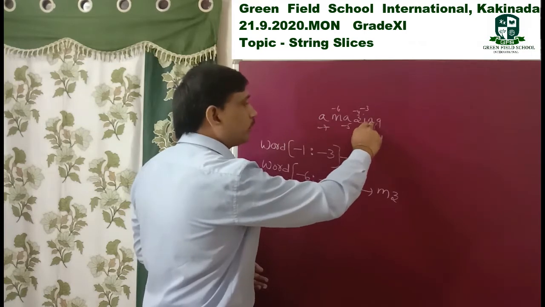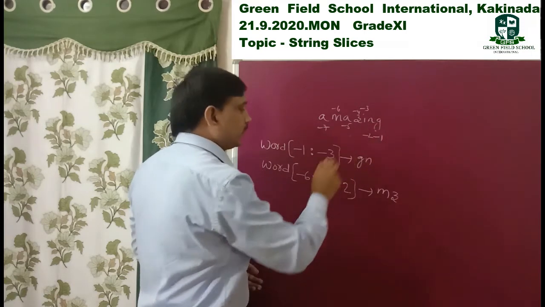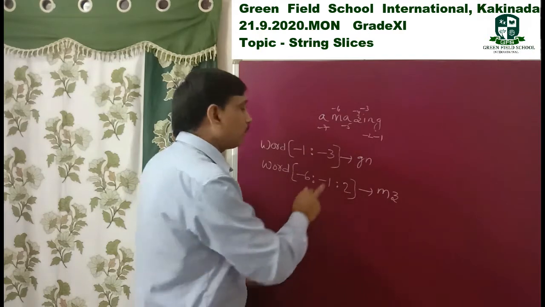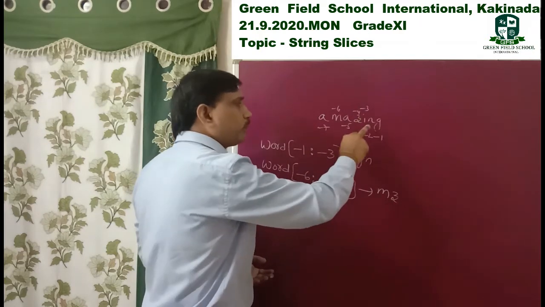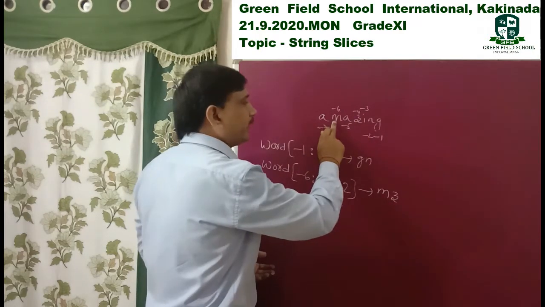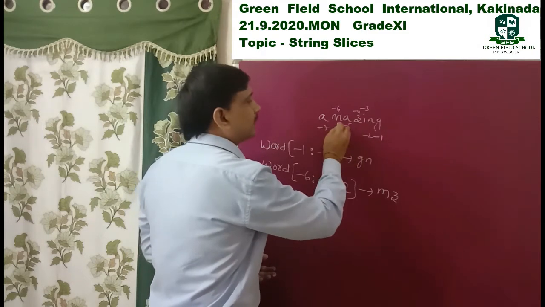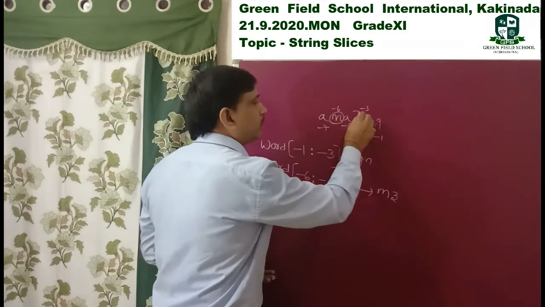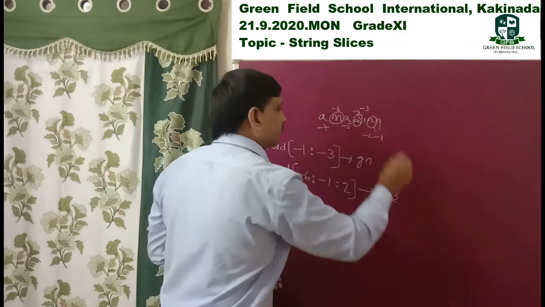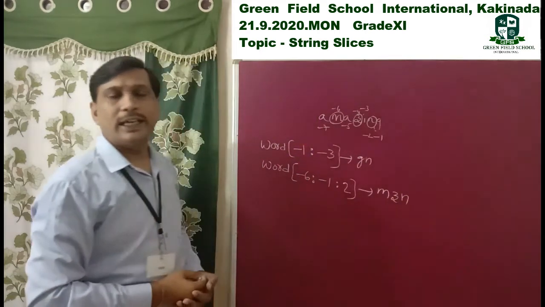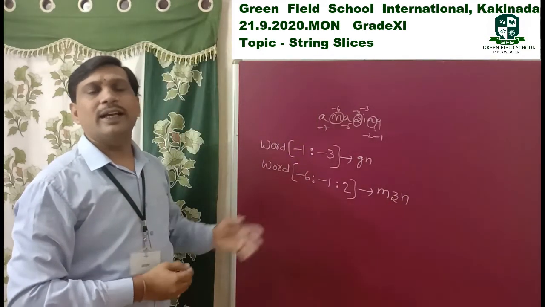See, up to which letter do we move? Up to minus 1, which means before that, up to n. So I write here m, z, n, which is the correct output.